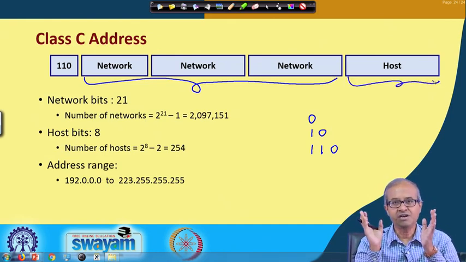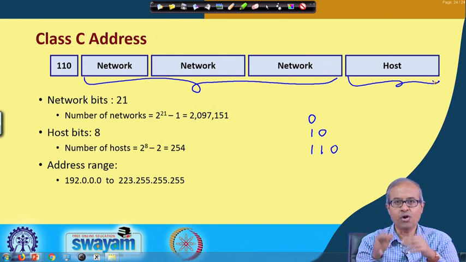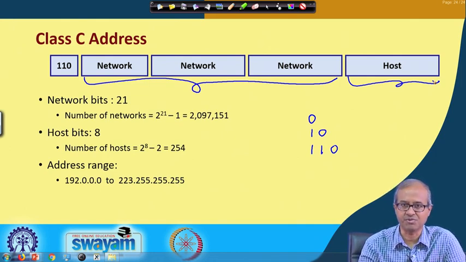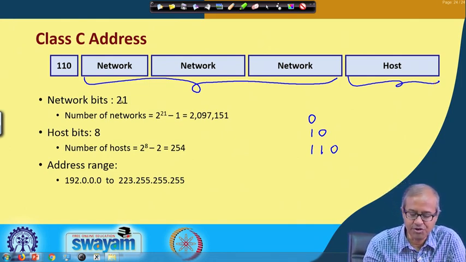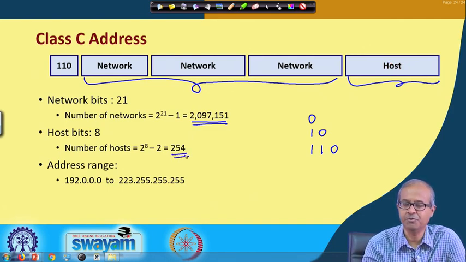That means networks where relatively fewer computers are there, for such cases class C is most suitable. With 21 bits, you can have about 2 million networks, and with 8 bits in the host, you can have 254 hosts per network.